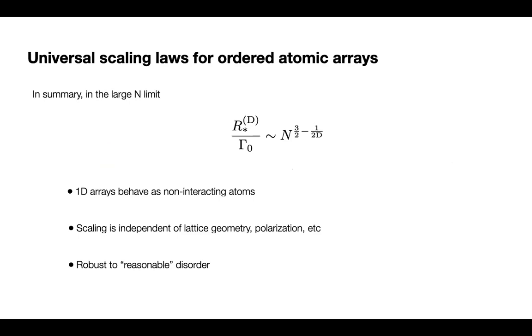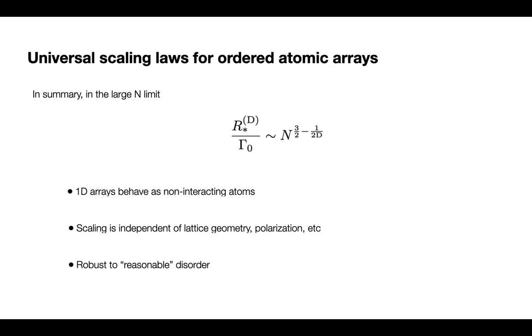As I scale up the dimensionality, effectively in quantum optics language, this is like increasing the optical depth. So there is more potential for constructive interference, and this leads to these larger decay rates. And then this scaling is actually independent of short-scale features like the geometry of the lattice, the polarization of the atoms, and so on and so forth.